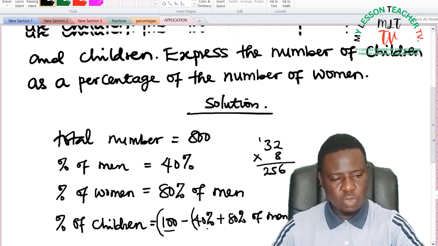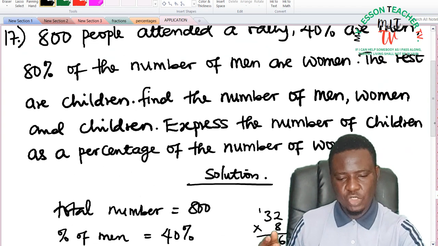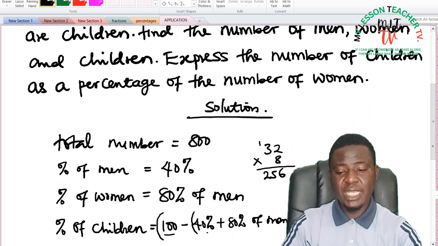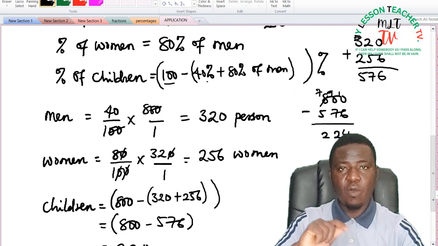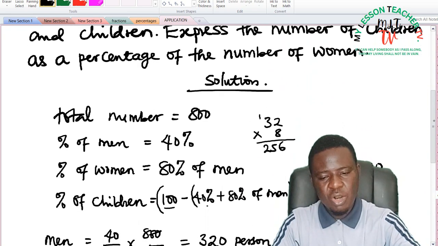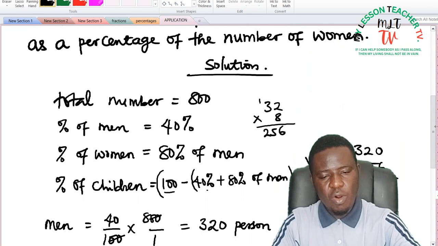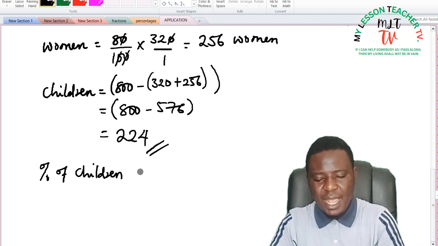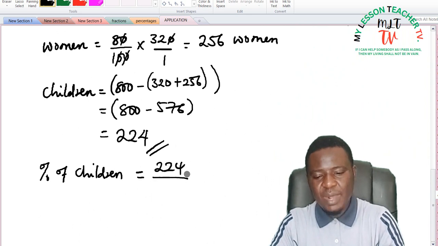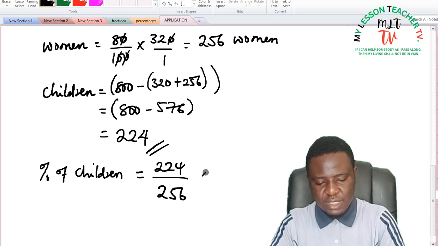So, having gotten the total number of men, women, and children, we are asked to express the number of children as a percentage of the number of women. So, number of children as a percentage of the number of women can be said to be equal to number of children, which is 224, divided by the number of women, which is 256, times 100 over 1.